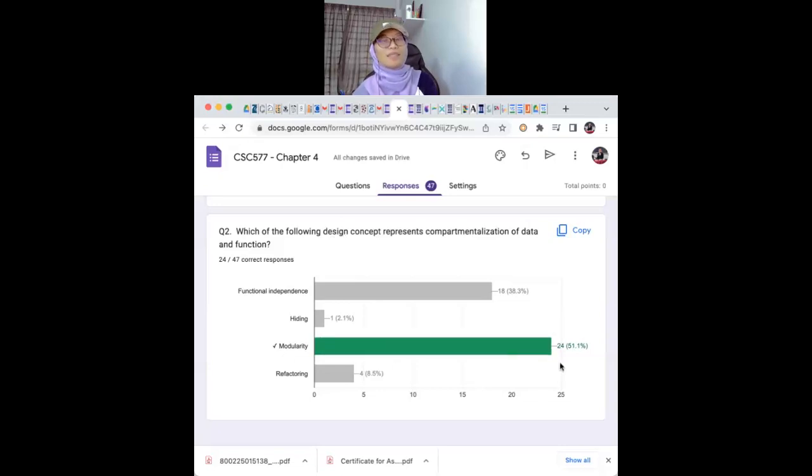The majority still answered correctly, modularity. So not functional independence, not hiding and not refactoring. The answer is modularity. You break into a few parts, or compartments. All right. Good. Thank you for completing the quiz.